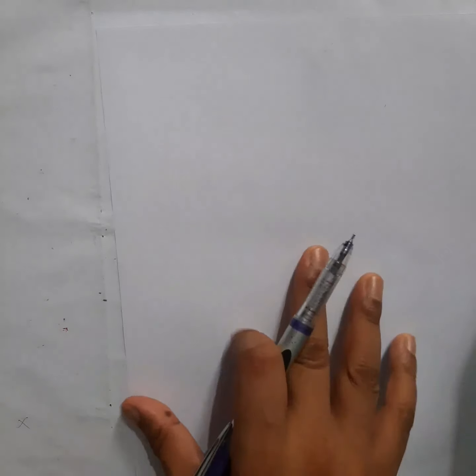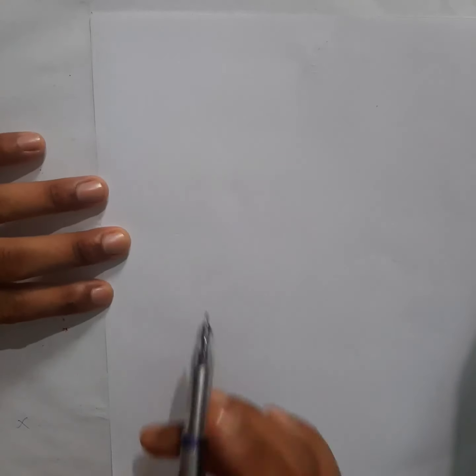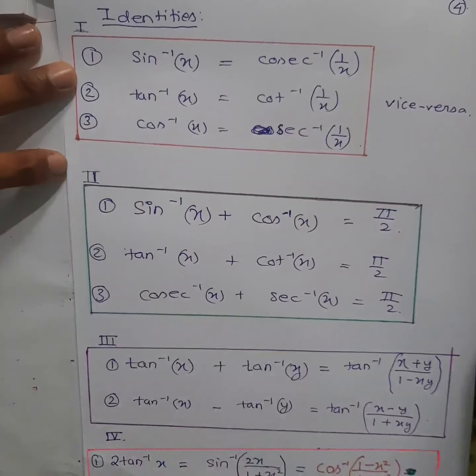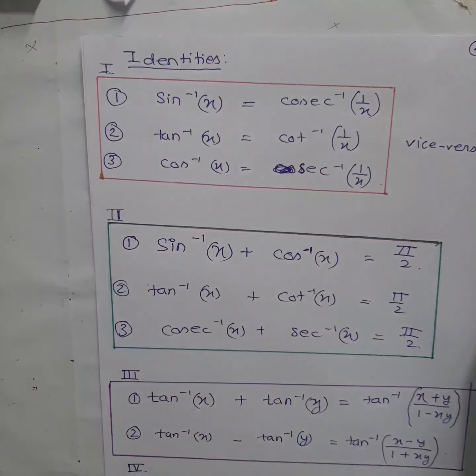Now you know, students, that when we know identities, solving problems becomes easier, more simple. Since they have not given all the inverse identities, we will discuss only the ones which are there in your NCERT book. Okay, so a few identities are there, and these are the identities which you will need.